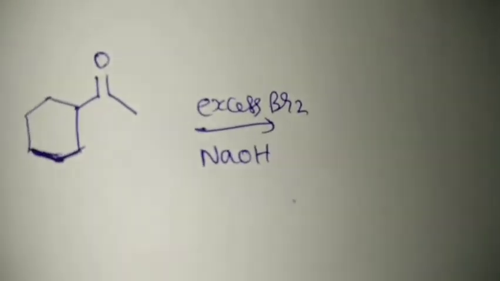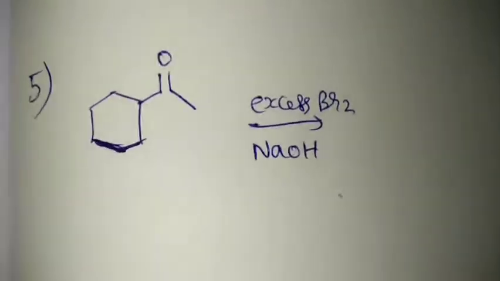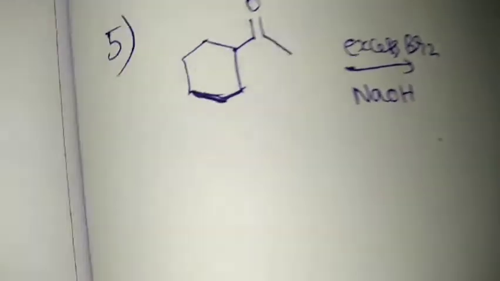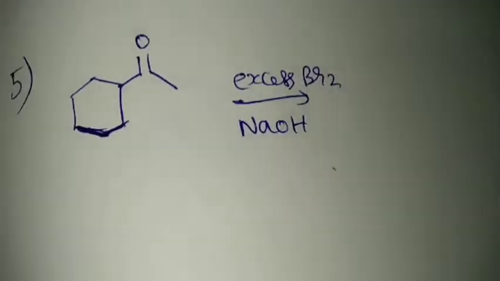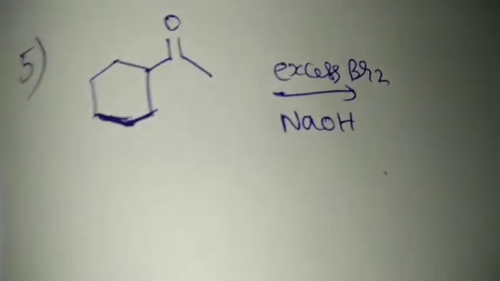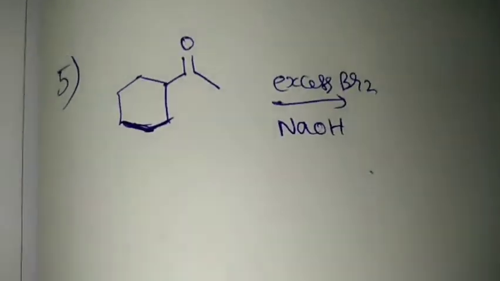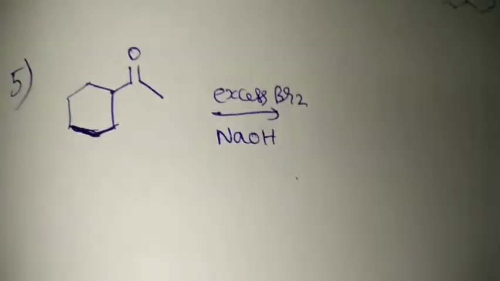In the halogenation, a polysubstituted product is formed in the case of basic conditions. In the case of acidic conditions, it will form only the monosubstituted product. So that is the catch over here. If you have a doubt why this is happening, please go and watch my lectures.